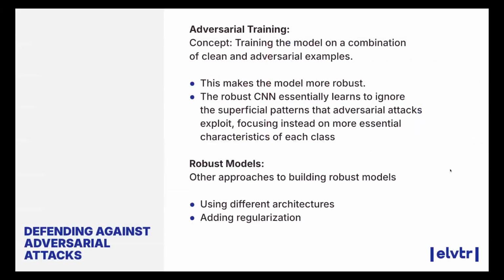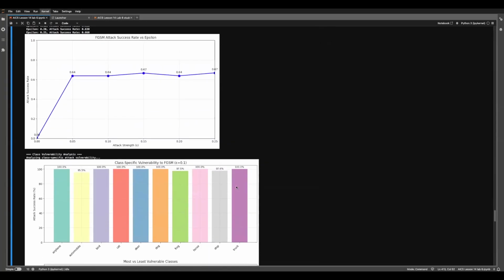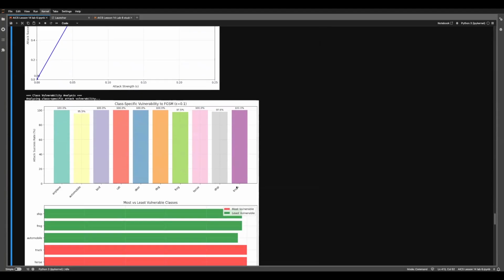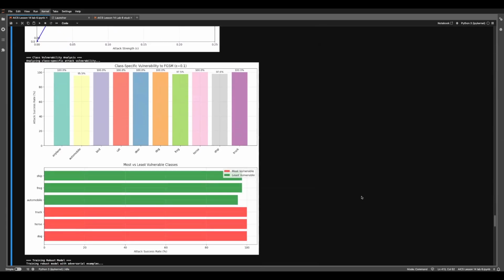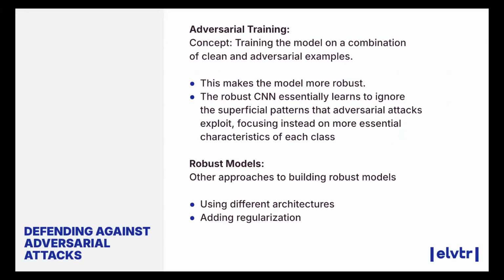Okay, so how do you defend against adversarial attacks? Basically you have to look at the classes and figure out what's vulnerable and what's not. So you need to train on a combination of clean and adversarial examples.